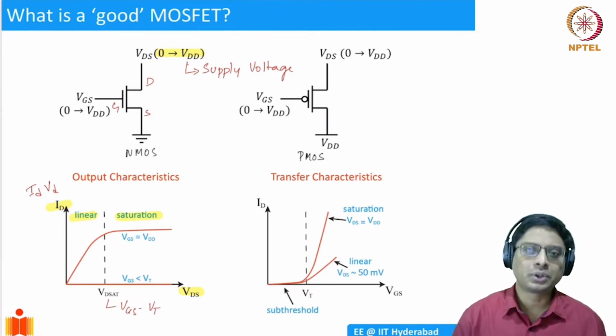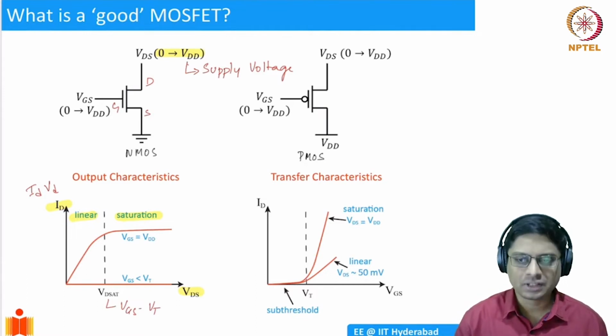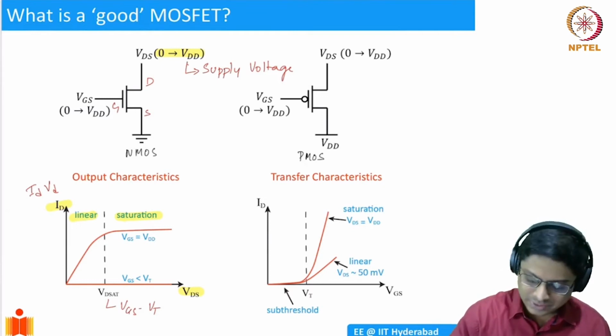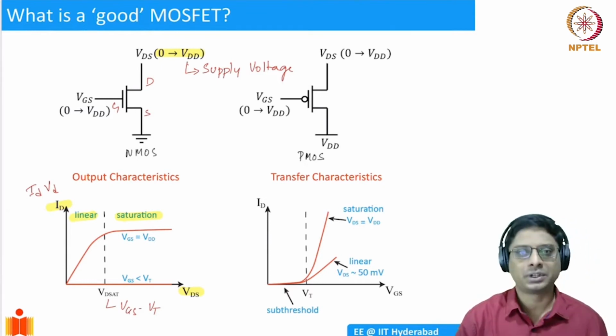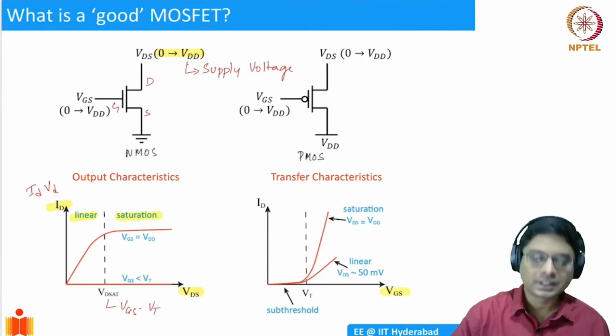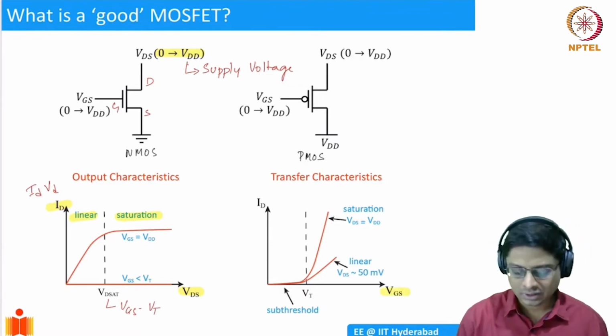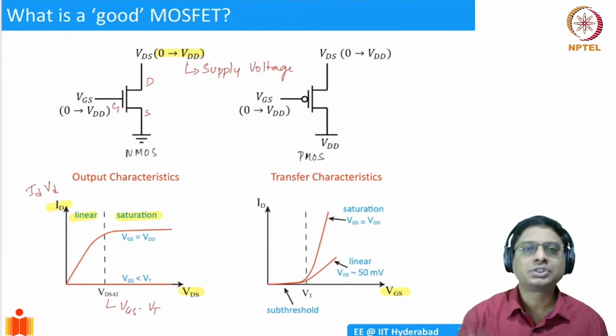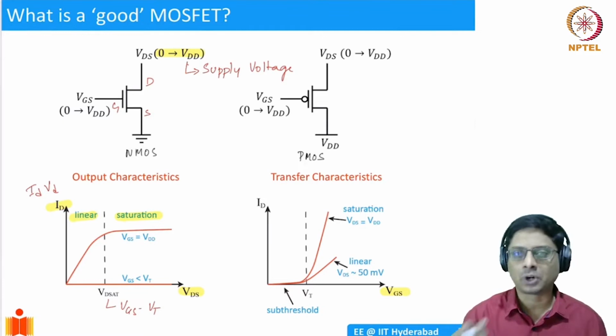There is also one more type of characteristic which we can measure, which we call transfer characteristics. In this case, we will keep the drain voltage fixed and then sweep the gate voltage. We can choose the drain voltage to be a small number, like 50 to 100 millivolts.